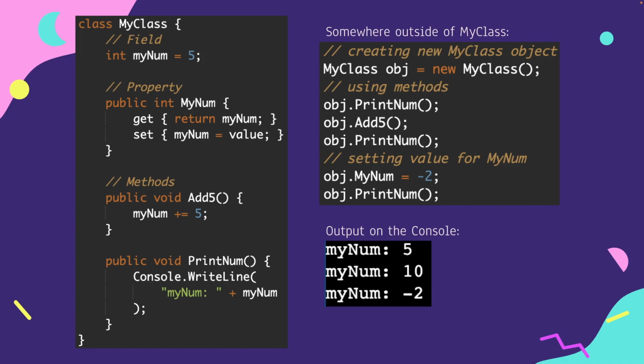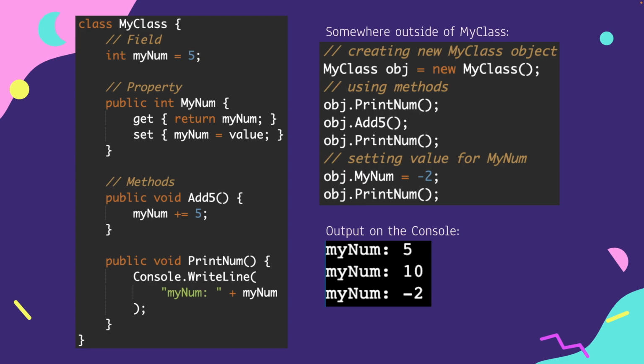It's going to return nothing, which is why void is there. And all it does is add 5 to my num. And as you can see here, I could just say my num without declaring it because it's declared all the way at the top, right? So as we talked about with scope before, my num exists inside my entire class.